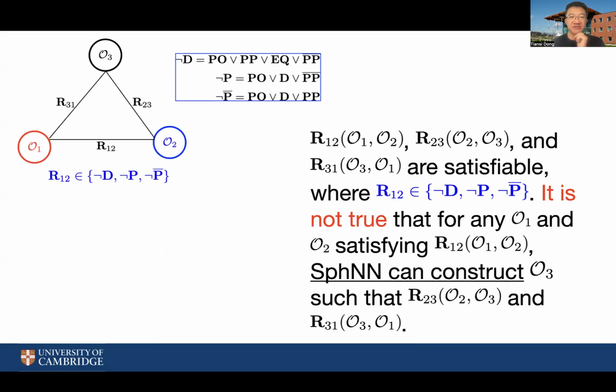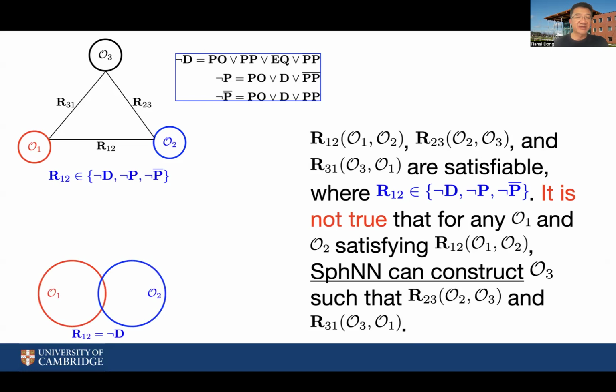The question is, what if the first relation is negative? We have shown this will cause a problem and need a restart, and we need to prove we only need to restart once.